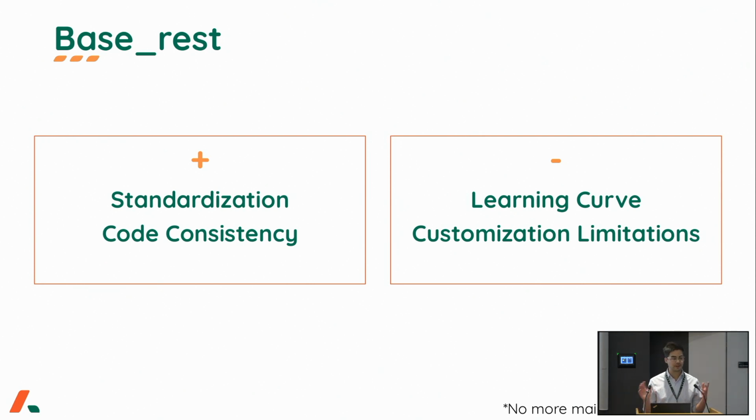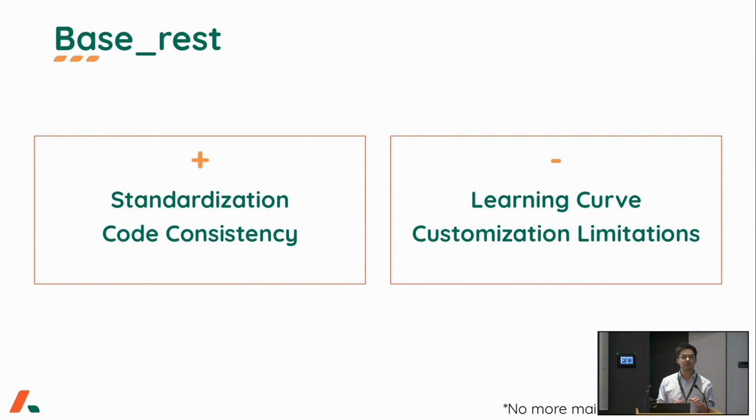The drawback of base REST is that the learning curve at the beginning for someone who is not used to developing APIs can be quite steep. For someone who is not used to developing APIs, it can be really overwhelming.